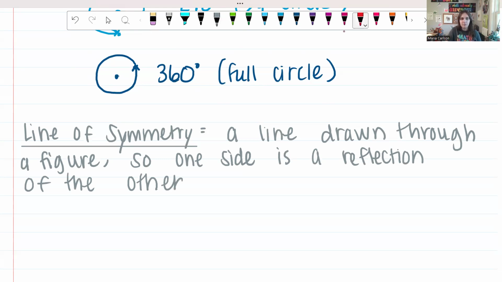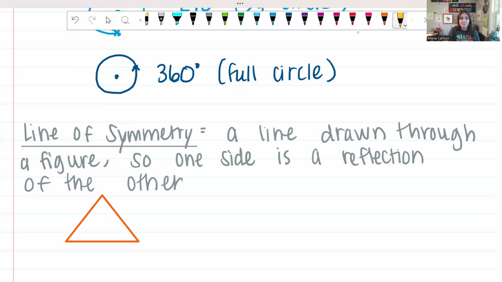So if we have, for example, a triangle, we have some different lines of symmetry here. I could draw this line of symmetry, and if the shape flipped over that line, it would be the same.